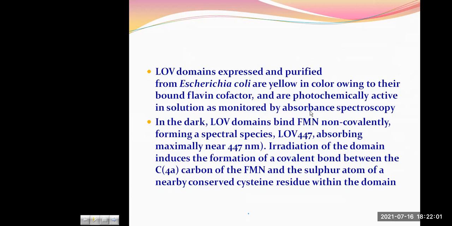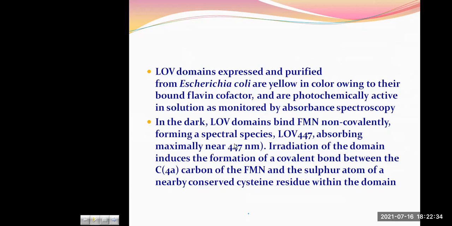We have spectrophotometers installed in sophisticated laboratories where we can see whether a substance is photochemically active or not. It depends upon whether the substance absorbs in solution, and it has been found that LOV domains are yellow and photochemically active even in solution, outside the system. This has been proved by absorbance spectroscopy.